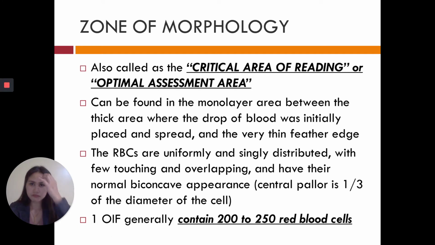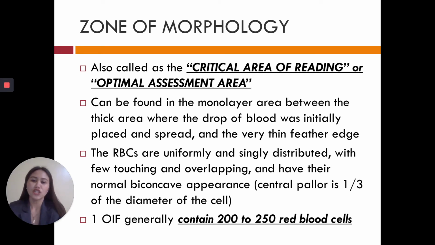Again, let me reiterate that you should identify the WBCs using the oil immersion objective, not in the high power objective, not in the low power objective, but in the oil immersion objective. This is for differential count.